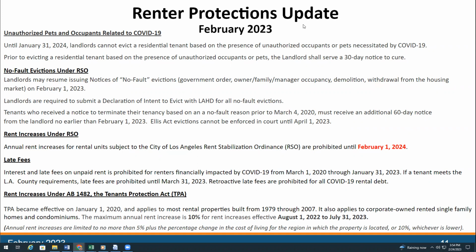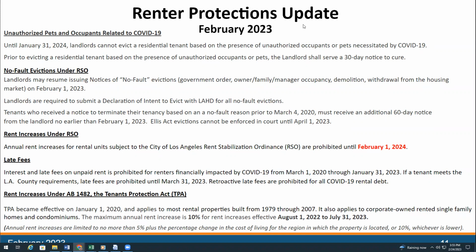Now, another important caveat to keep in mind is that if a tenant received a notice to terminate tenancy based on a no fault prior to the local emergency period, so prior to March 4th of 2020, then the landlord must issue an additional 60-day notice. And that can't happen any earlier than February 1st, 2023.